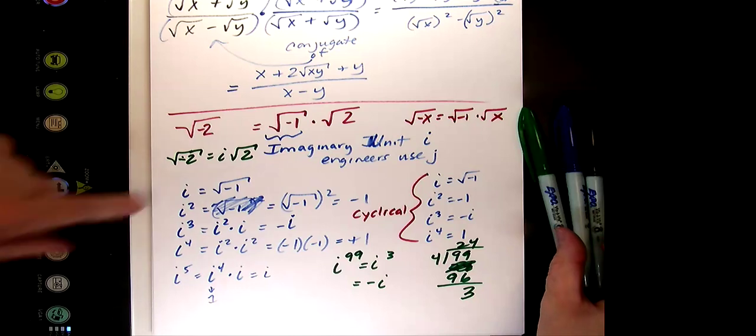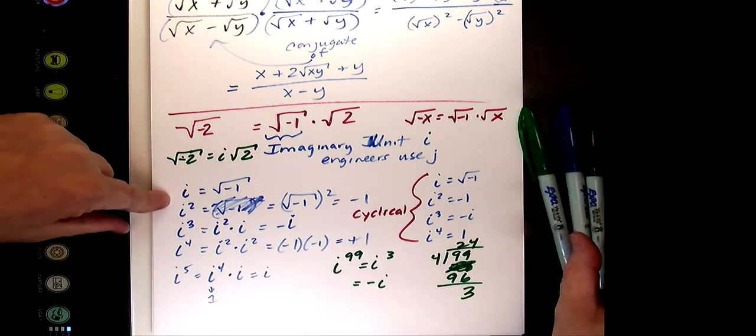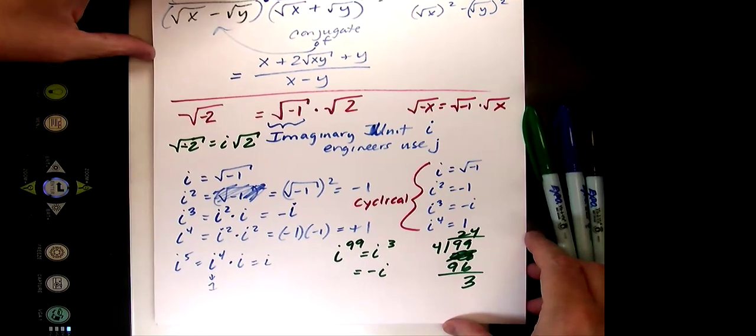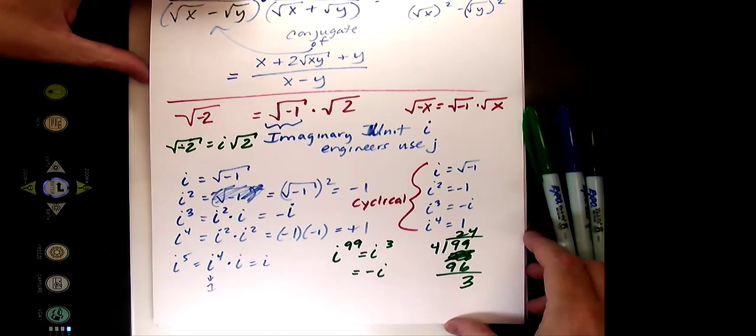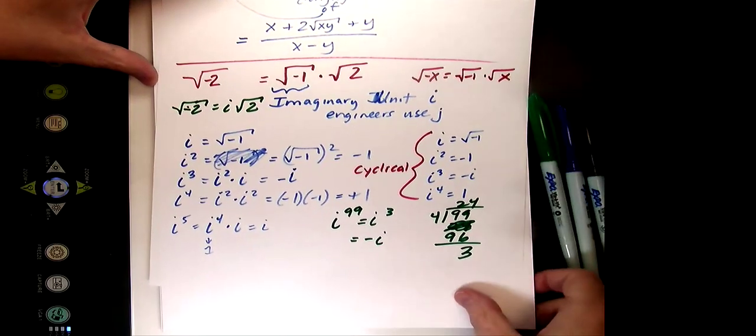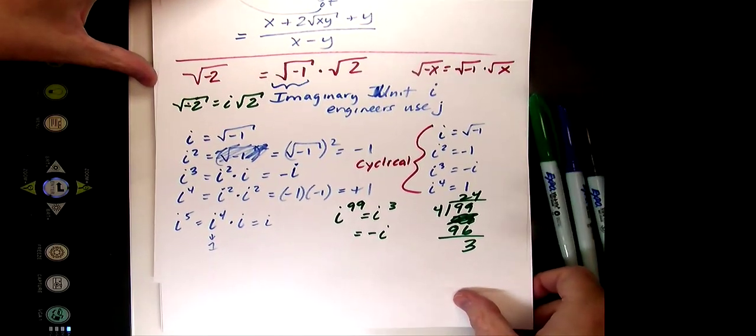I put the little tail on my i so it doesn't look like a 1. That dot can be really invisible, and if you just draw a straight i. All right.